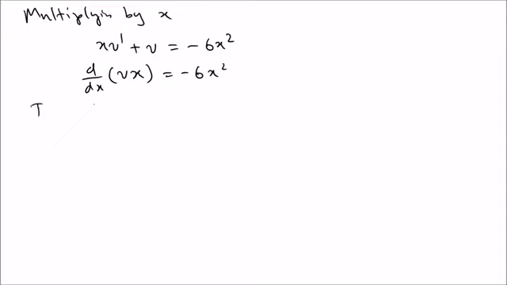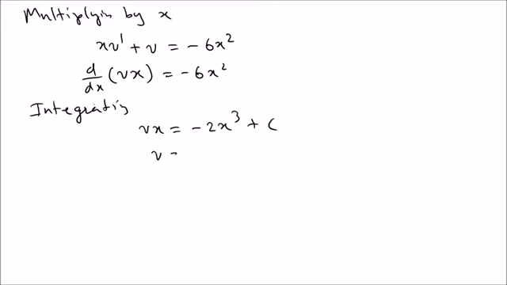Now integrating. Those steps are just the integrating factor argument. Integrating, we're going to get vx equals, if you integrate this one, it's going to be negative. You divide by 3, so it's negative 2x cubed plus c.